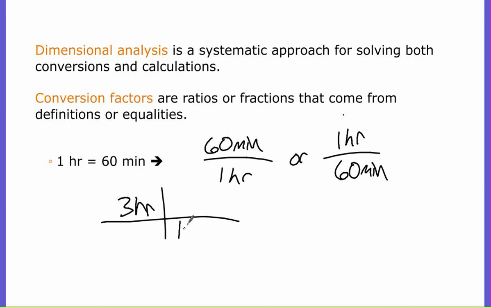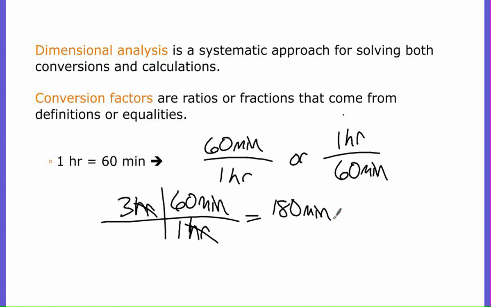I don't want hours left in my answer for the unit. So I want to divide by that 1 hour so I can cancel out that unit of hours, leaving the minutes on top. And based on this work, hours cancels, minutes is all that's going to be left on top. So I just take 3 times 60 and I get an answer. 180 minutes.